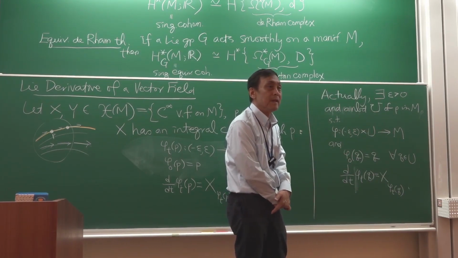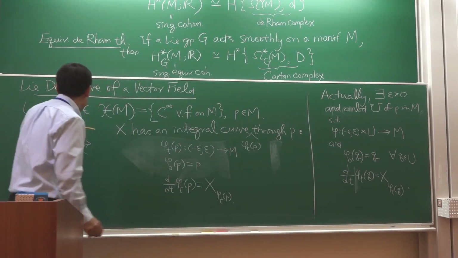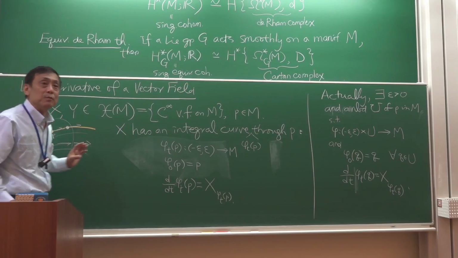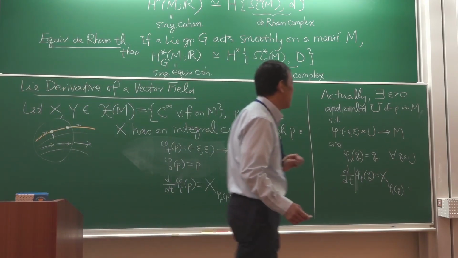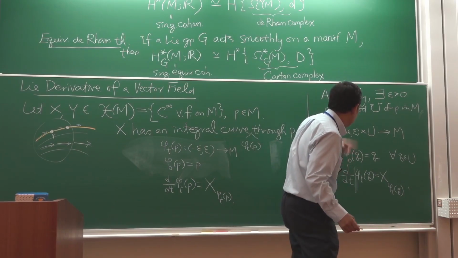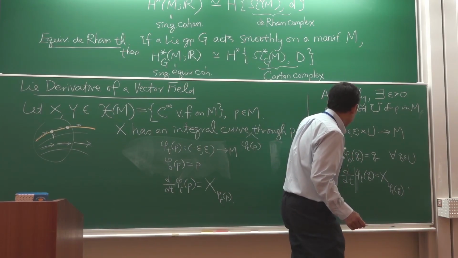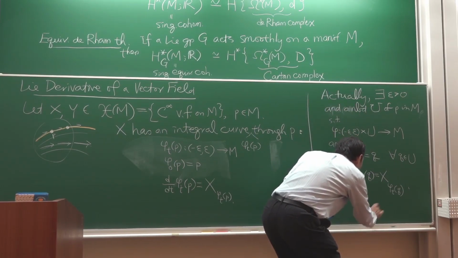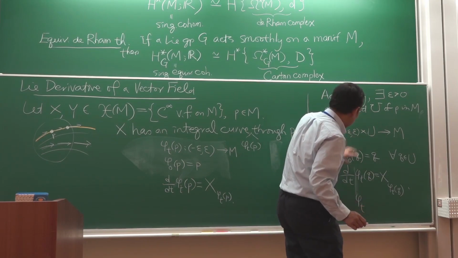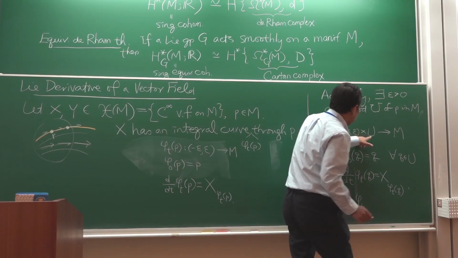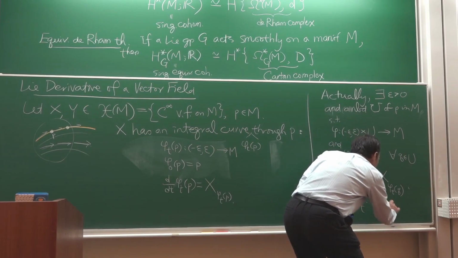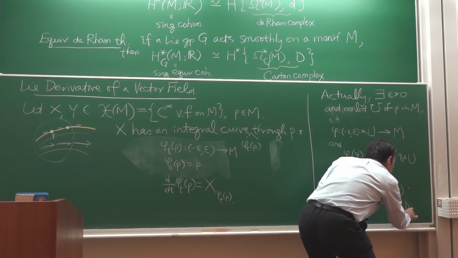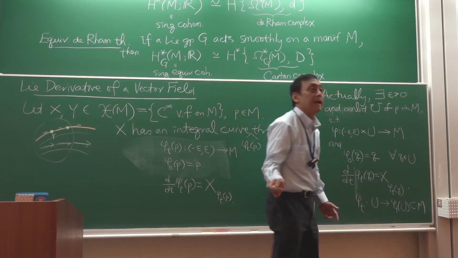So you actually have more than one integral curve. You have all of the integral curves in a small neighborhood. So now phi t, for a fixed t, actually maps from U to the image, phi t of U in M.